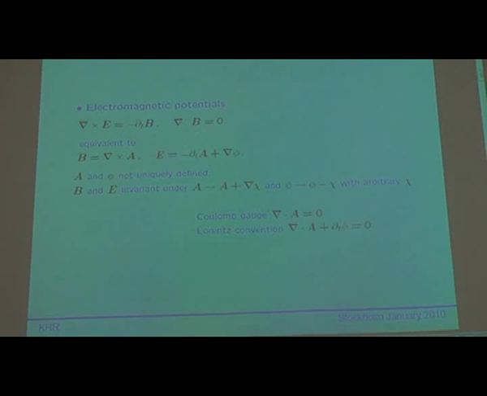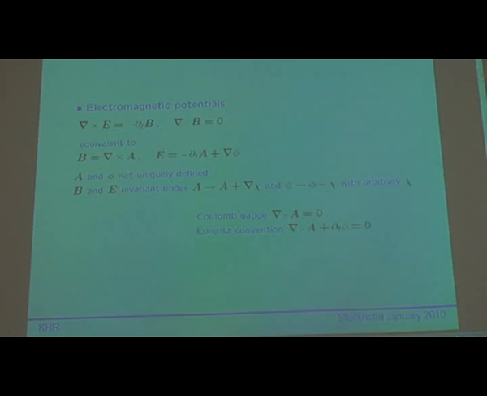That means it is a gradient, and this is just written here. This is completely equivalent to these two Maxwell equations. You can derive these two Maxwell equations from this. This implies divergence B equal to 0. And if you take the curl, this vanishes and you get just Faraday's law.